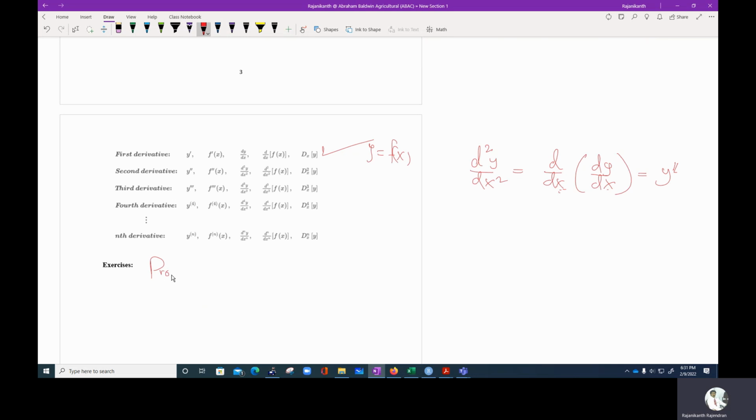Try problem number 10 from section 2.3, and problem number 15, problem number 45, problem number 47, 49, just to practice, okay? And the last one, 58. You can try these problems.